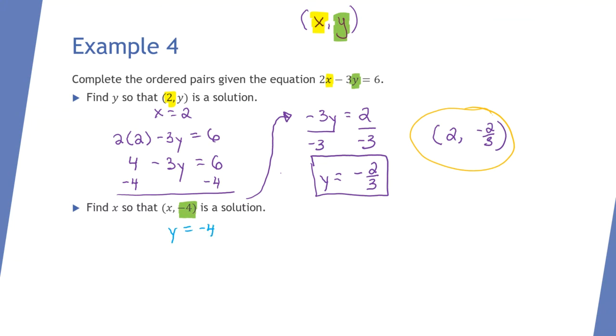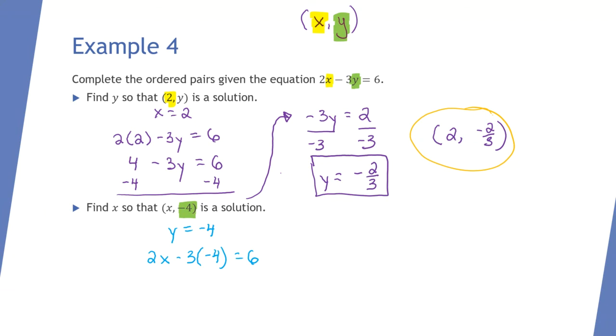So in this case, we have the same equation, 2x minus 3y equals 6. Be very careful because on the assignment, you have two different equations. So they give you a different equation in the second problem. So my equation here is 2x minus 3, and then instead of y, I'm going to be multiplying by -4.